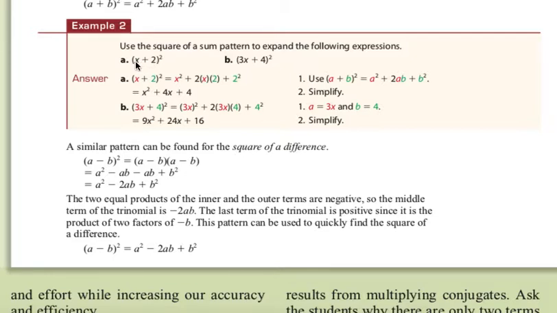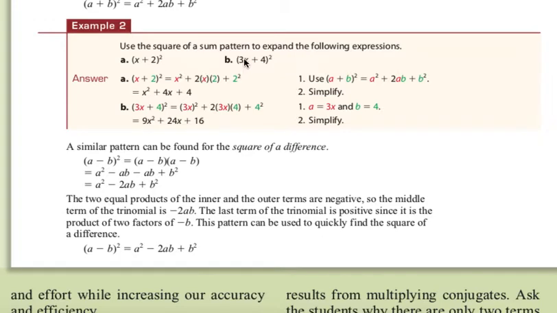So let's take a look at the pattern. x squared, here we go, 2 times x, which is 2x, and we have to do that twice. So 2x plus 2x, or you can do 2x times 2. Either way, same thing. So 2x times 2 is going to be 4x, and then the last term squared, which is 4. So that's our final answer. x squared plus 4x plus 4.